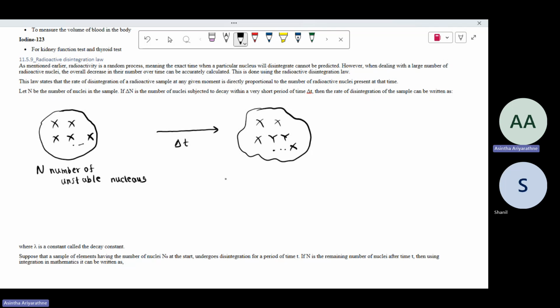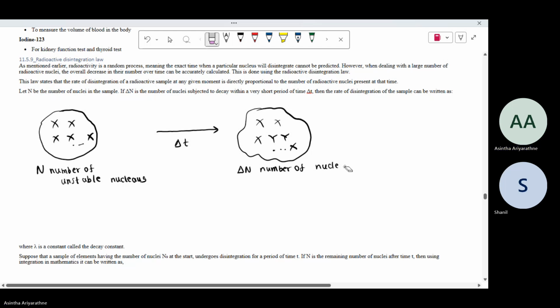After delta T time, some part of it, let's say delta N number of nuclei, has been transformed.